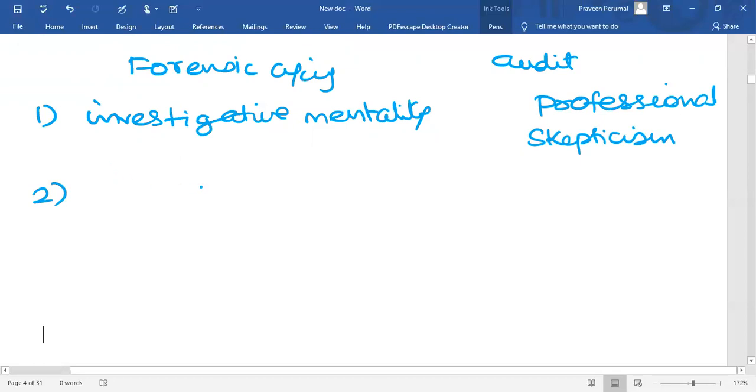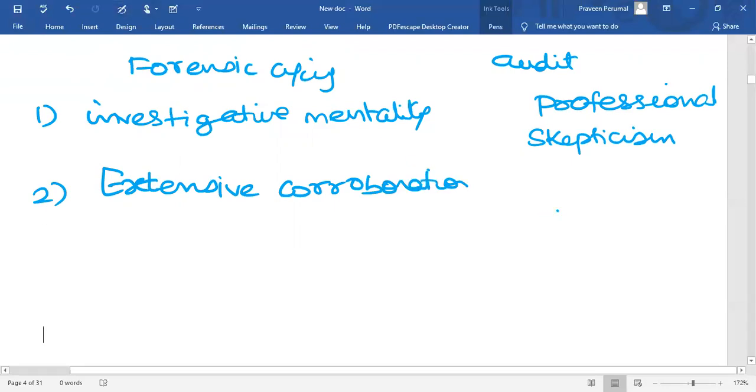When you see the corroborative evidence, forensic accounting requires more extensive corroboration. In normal audit, not extensive.